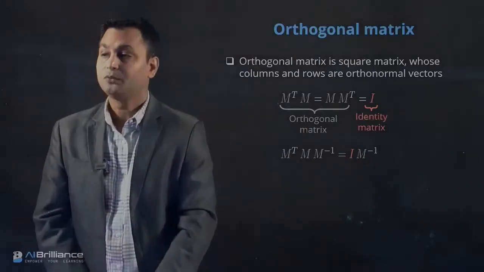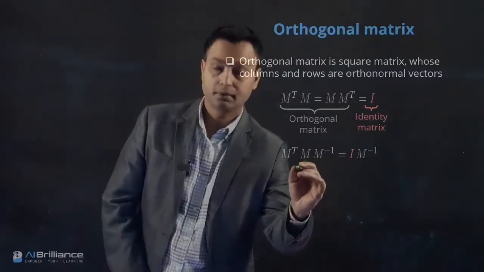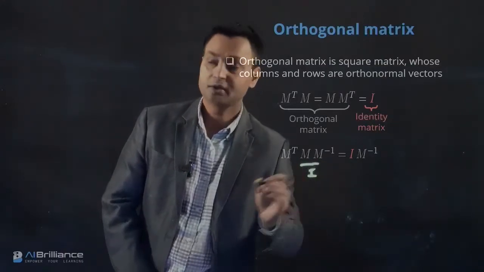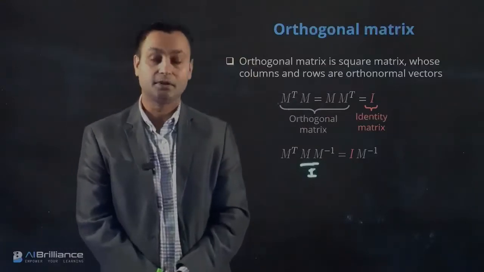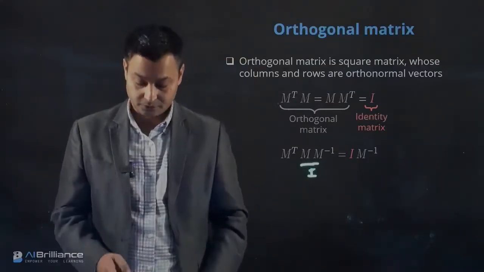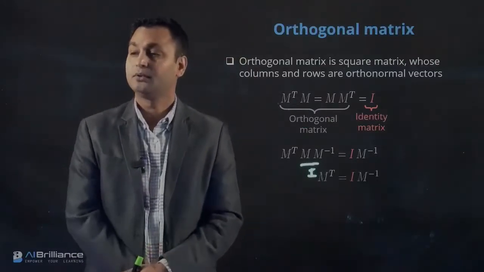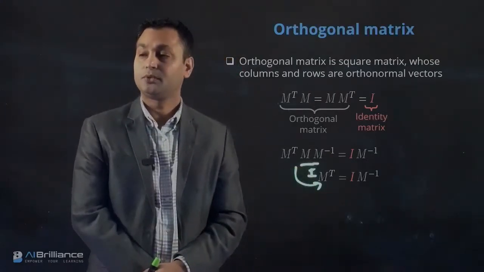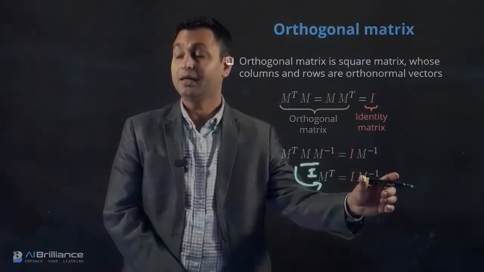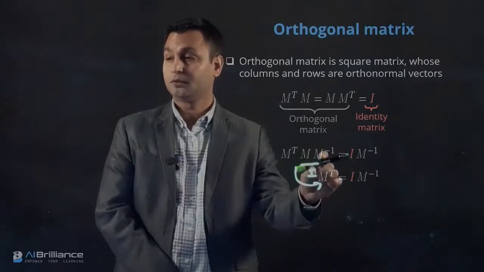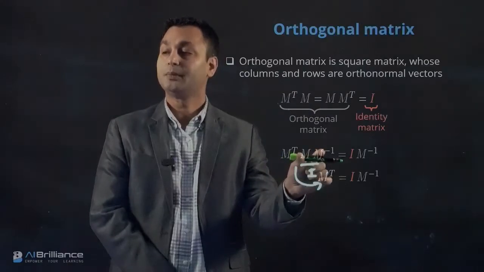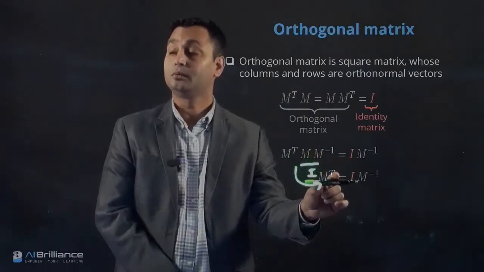Okay, and what we know is that a matrix multiplied by its inverse always results in an identity matrix, right? So from there we can write this equation: M transpose is equal to I times M inverse. Why? Because M inverse will be M transpose M M inverse, and a matrix transpose multiplied by I is equal to the matrix transpose.